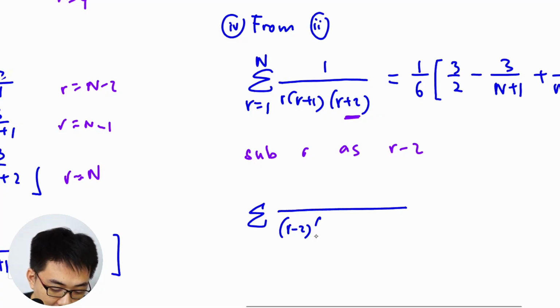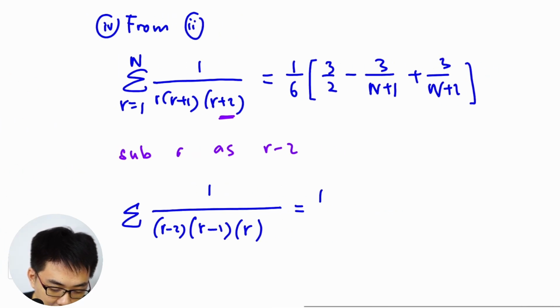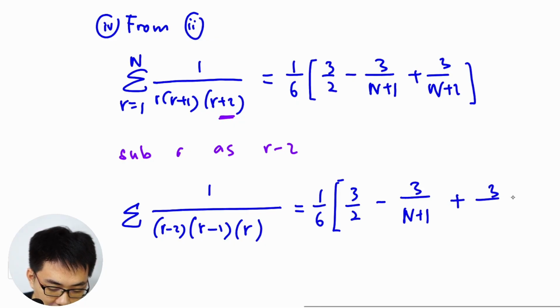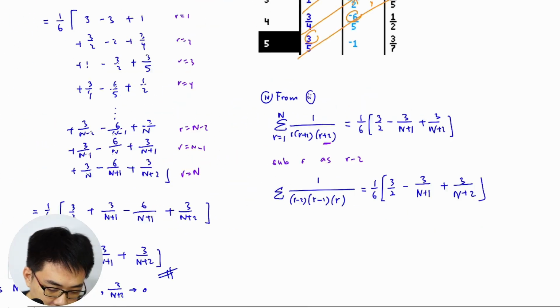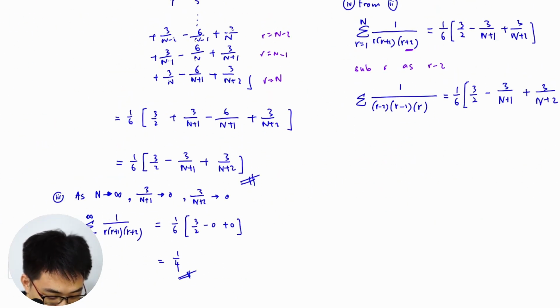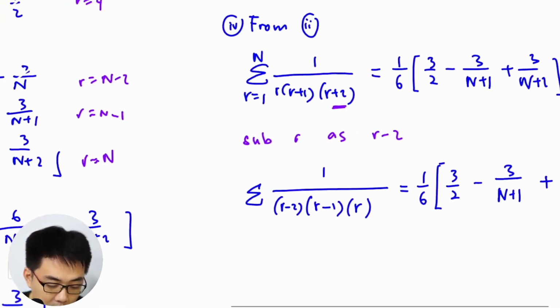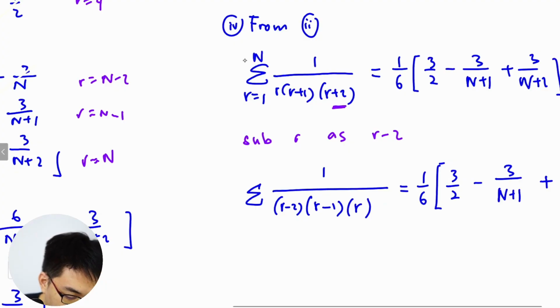Replace r minus 2 plus 1 with r minus 1. This will be r. Then this is equal to 1 over 6, 3 over 2 minus 3 over n plus 1 plus 3 over n plus 2. Then you remember you should replace this as well. So r minus 2 equals to n, r minus 2 equals to 1.